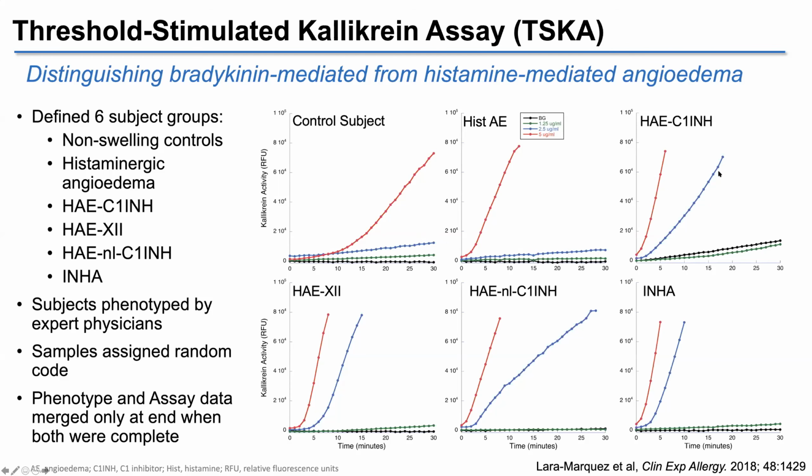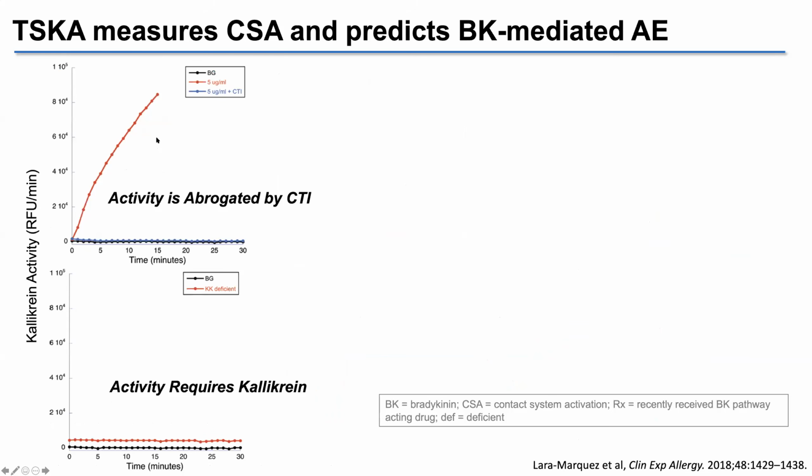But you can see it did activate the contact system in HAE C1 inhibitor, in HAE normal due to factor 12, and HAE normal unknown, and in the idiopathic non-histaminergics. We showed that it involved factor 12 because we could inhibit it with corn trypsin inhibitor, which is a potent and specific inhibitor of factor 12, and we got no activity in kallikrein deficient plasma.